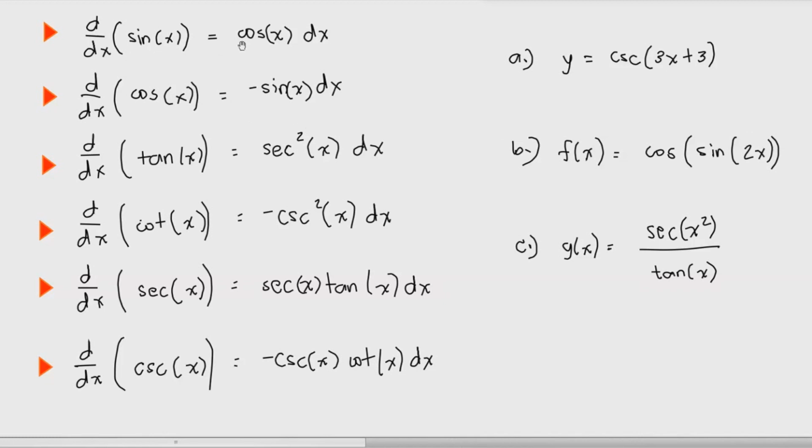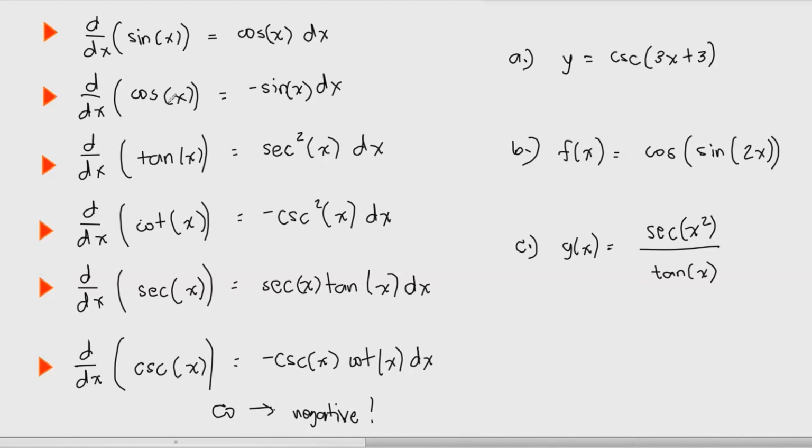So this is very easy to remember, but you might get confused with the negative and positive signs. The clue I'll give you is that when you're differentiating something that has a co, that equates to a negative derivative. So remember this, okay? For example, I'm differentiating cosine of x.